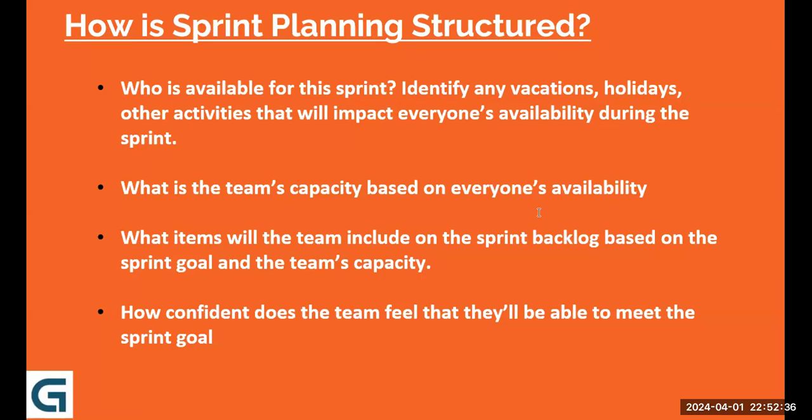So we need to understand who is available, how long we are available, whether any vacation, PTOs, or leaves have been planned, and whether there are any days on which a certain client is not available.